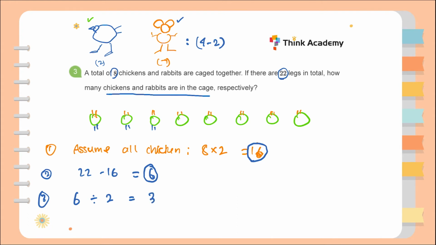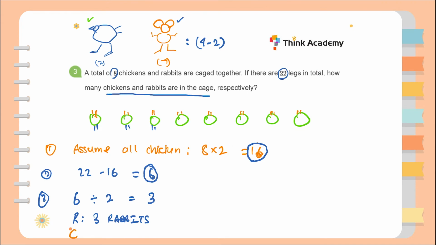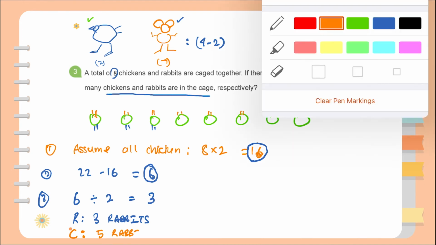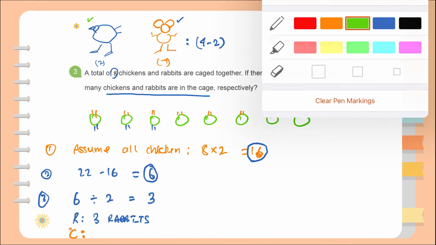So in total, we have 3 rabbits. And if we have 3 rabbits and we know there are 8 animals in total, that means we have 8 minus 3, or 5 chickens, and that's how you do it.